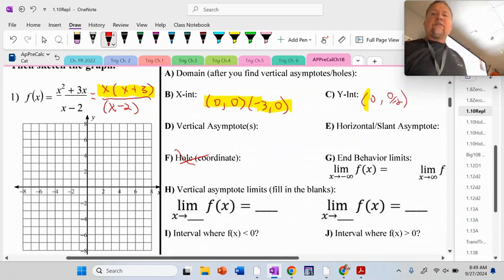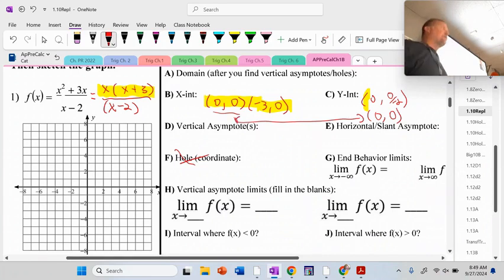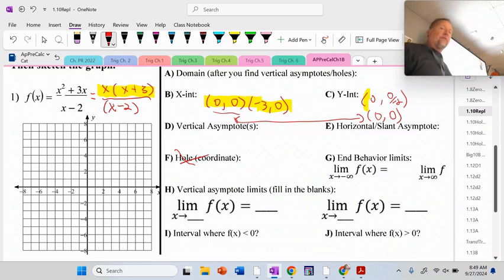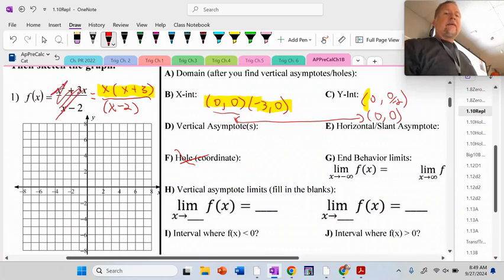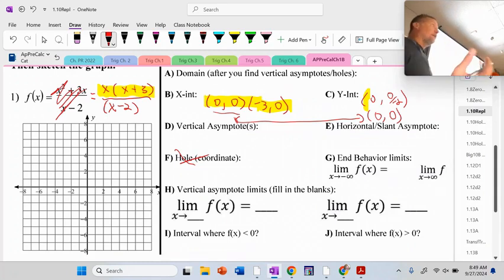What's 0 over negative 2? It's 0. And by the way, that's not a coincidence. An x-intercept (0, 0), so therefore it's also a y-intercept. That's not 2 different points. That's the same point. So here's how I find y-intercepts. Those x's turn all into 0 because I plugged in 0 for x, and I get 0 over negative 2, which is 0.